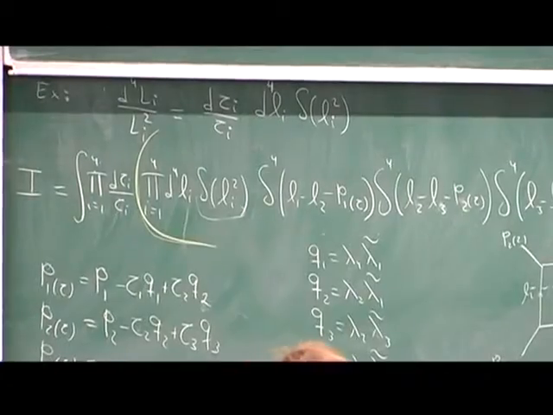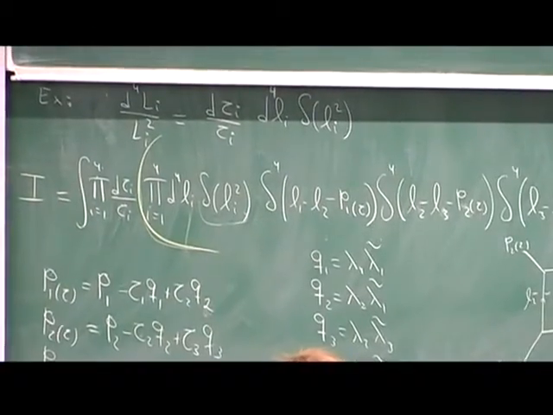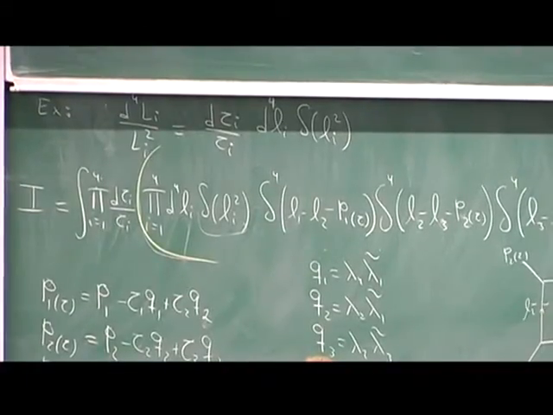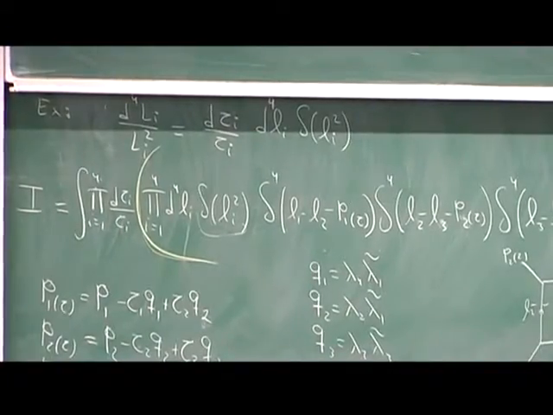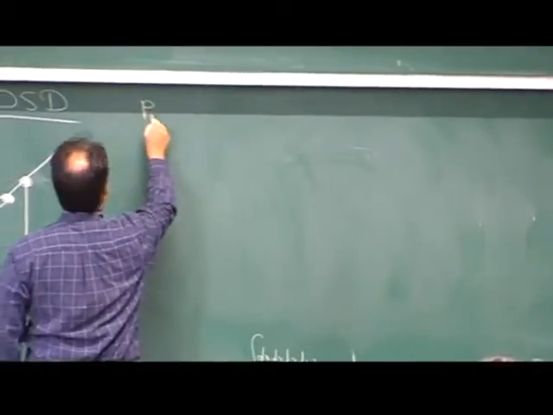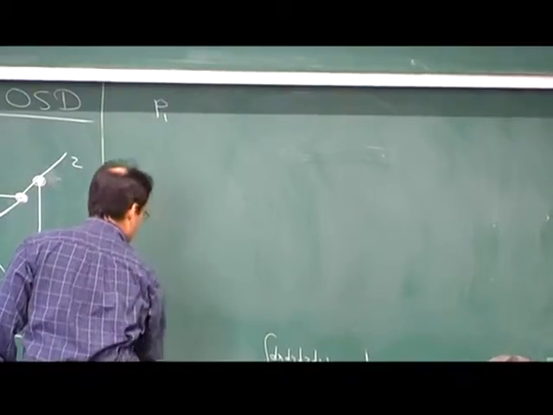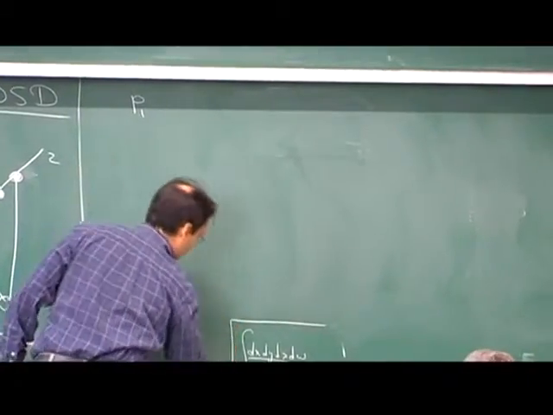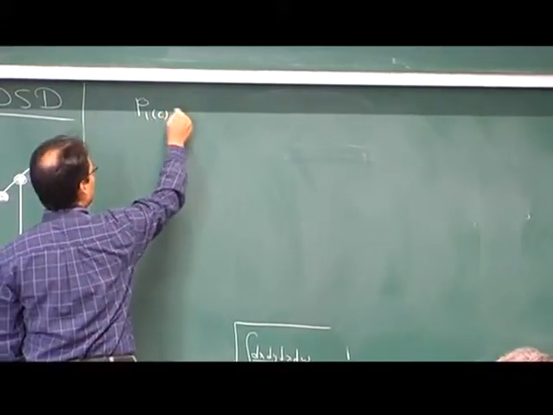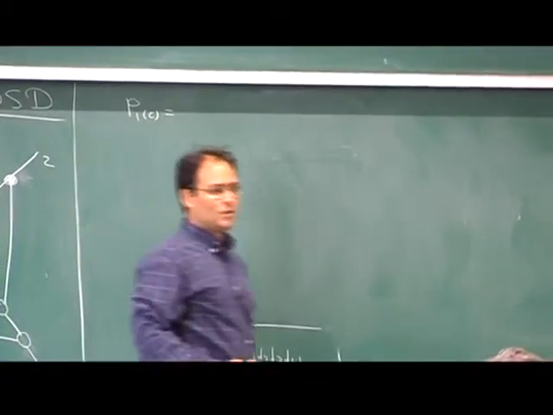Let's look at what P1 of tau is. Is that a null vector?